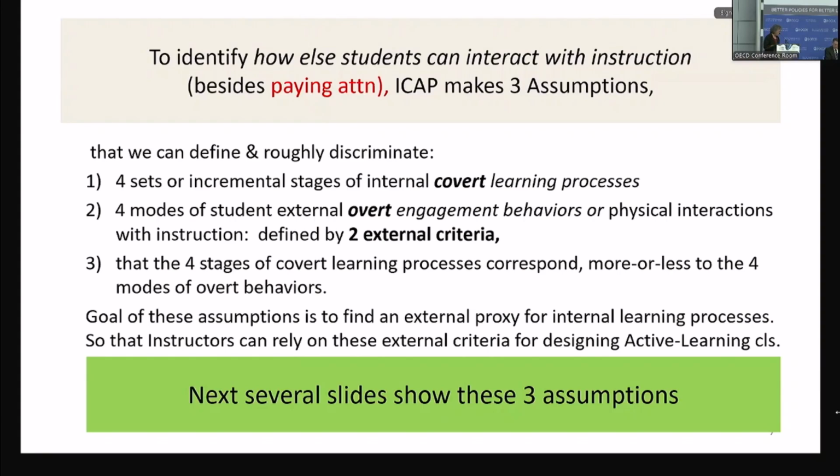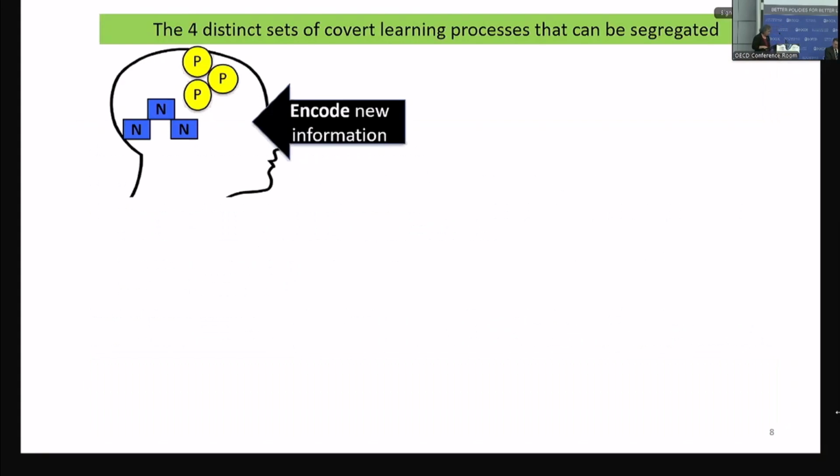And the 4 stages of covert learning processes correspond more or less to the 4 modes of overt behavior. The goal of these assumptions is to find an external proxy for internal learning processes that we can't see. So instructors can use these external criteria to design active learning classrooms, including activities and everything.